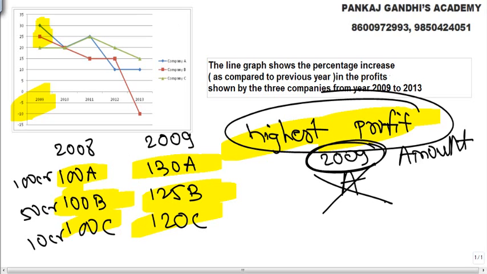A. But if all the three start at same value, who will have highest? A. So obviously ये ग्राफ क्या दिखा रहा है? परसेंटेज इंक्रीज. सो कौन से साल में किसका हाईएस्ट था? वी कैन नेवर से. हु हैड व्हाट स्टार्टिंग प्रॉफिट?